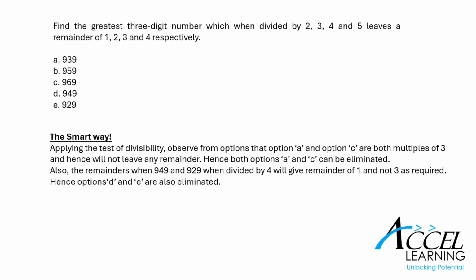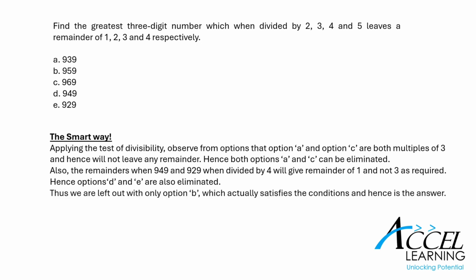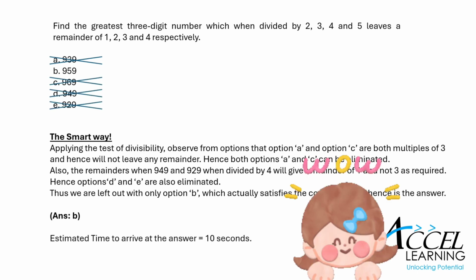Hence, options D and E are also eliminated. Thus, we are left with only option B, which actually satisfies the conditions and hence is the answer. And the estimated time to arrive at the answer is 10 seconds.